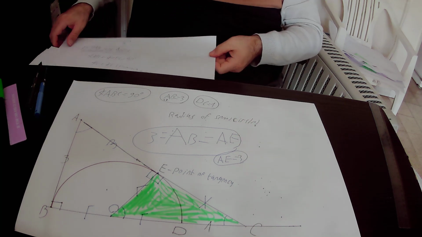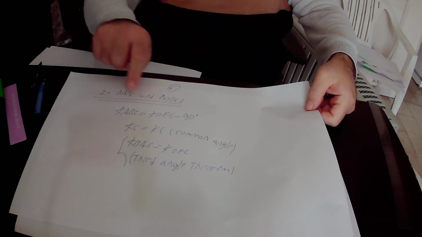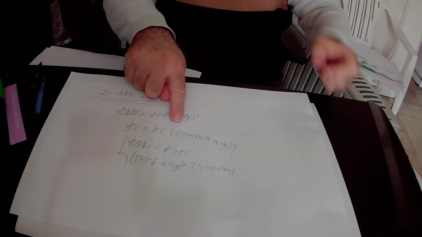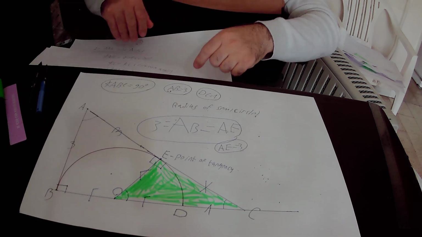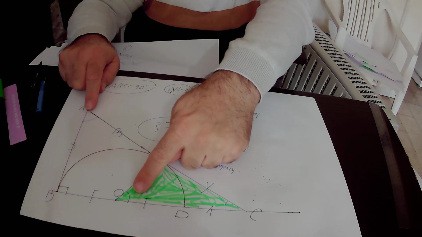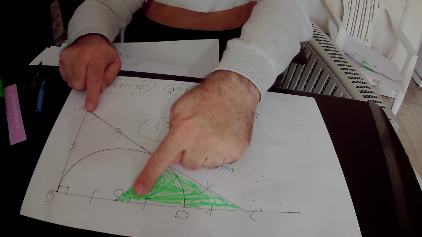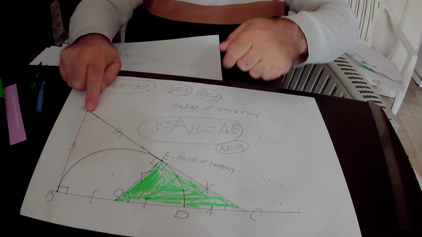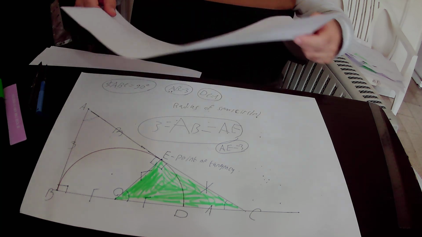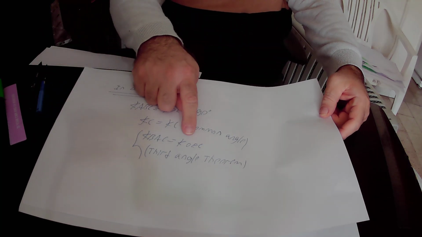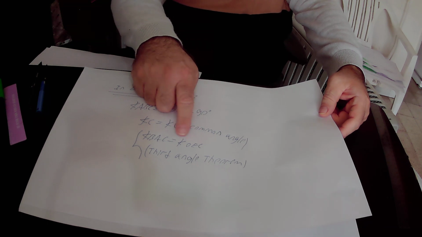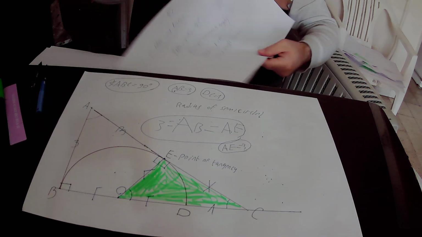So we can write down that angle C equals angle C, a common angle that belongs to both triangles. And we actually prove that those two angles are equal to each other according to the third angle theorem. So angle BAC in triangle ABC equals angle OEC in triangle OEC according to the third angle theorem.